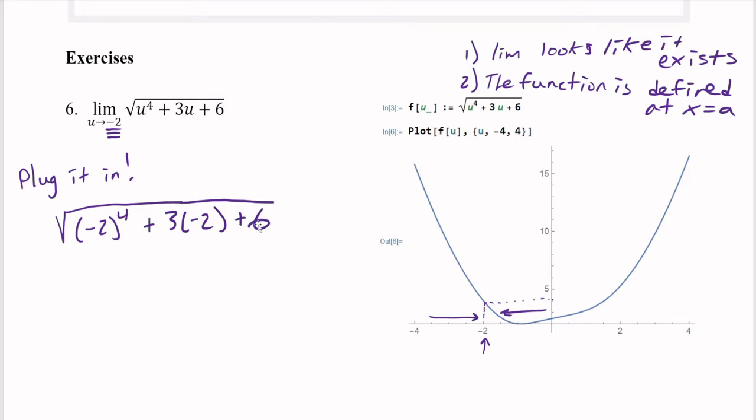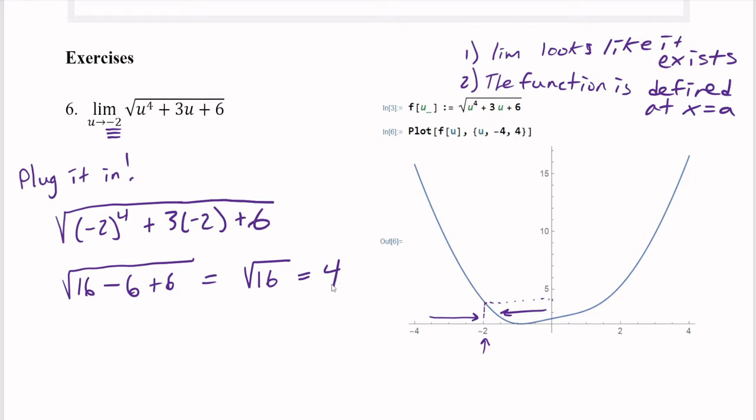Okay? And so at this point then it's just, can we figure out what this equals, right? If you've got a calculator, you can do it in your calculator, you can do it by hand, doesn't really matter. I'll just do it quickly because I forgot to get my calculator out. 16 minus 6 plus 6, which is root 16, which is 4.